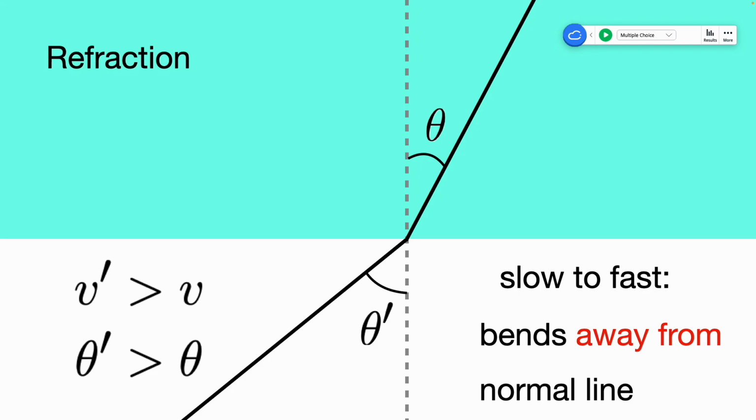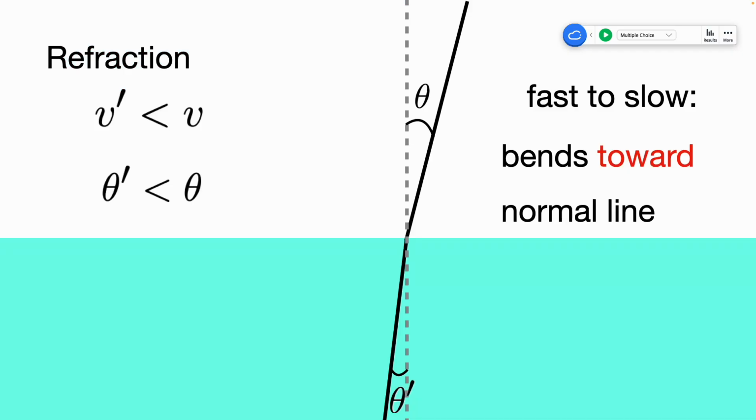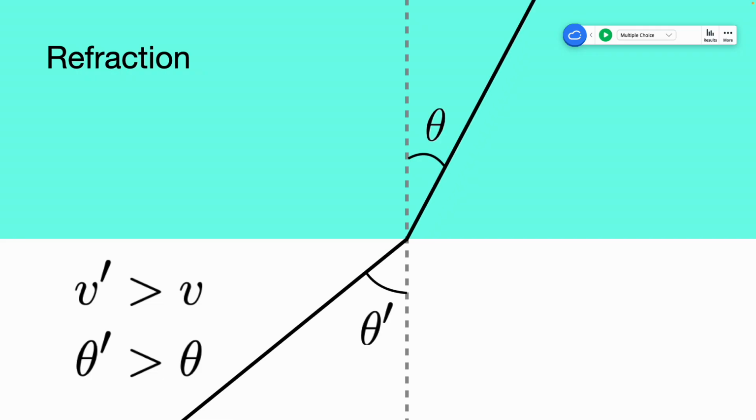So from slow to fast, you bend away from the normal line, and from fast to slow, you bend toward the normal line. Either way, the ray in the slower medium should be closer to the normal line. Any question?